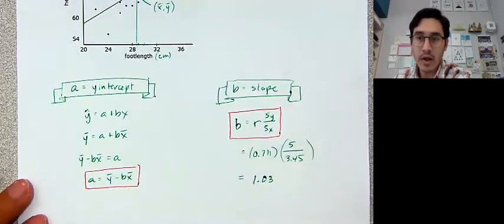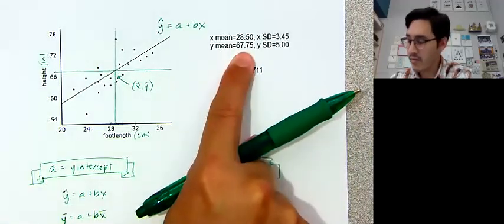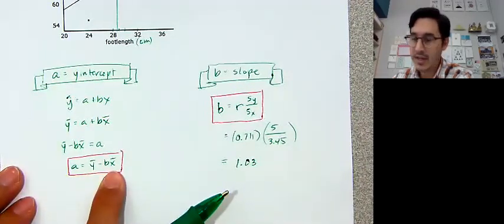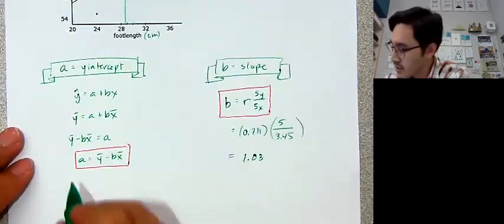All right, so now all I've got to do is substitute the mean y value, which was 67.75, the slope, which is 1.03, and the mean x value, which is 28.50, right? And then I'll have the intercept. Okay.